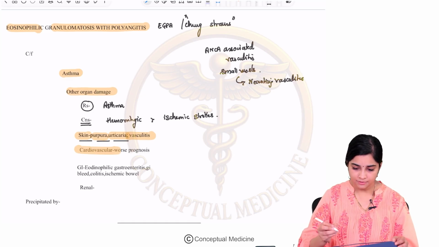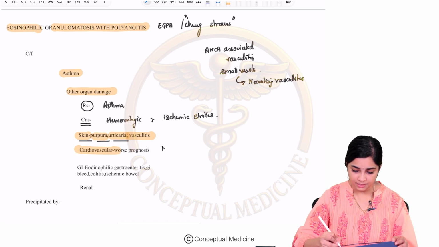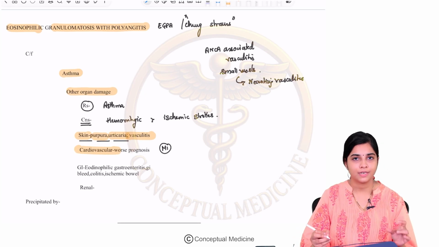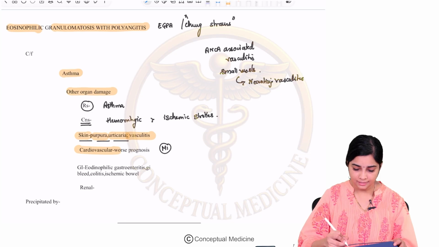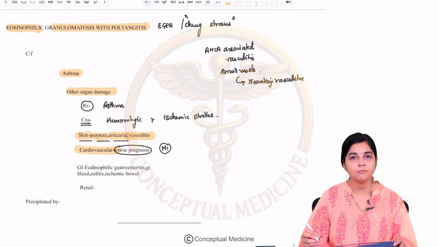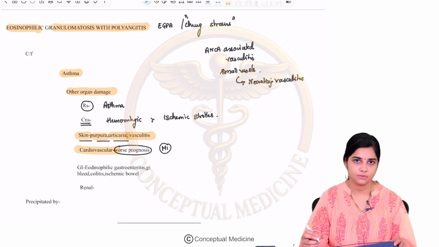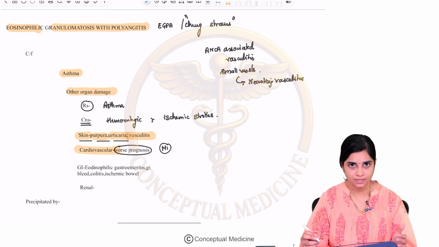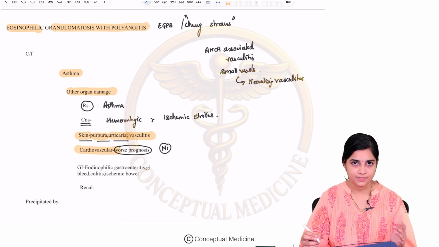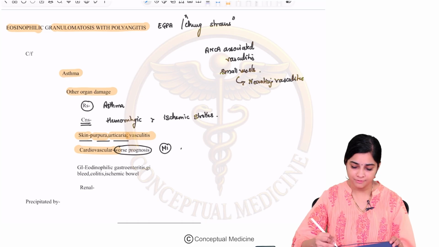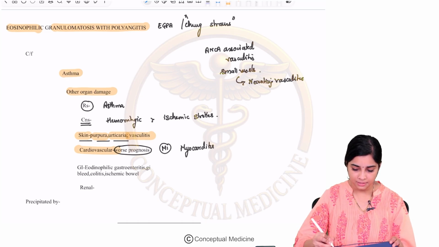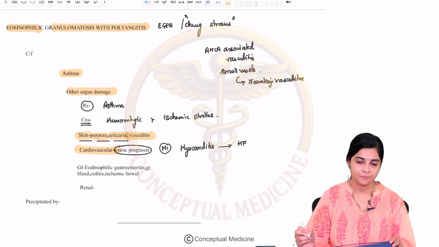Cardiovascular manifestations including MI can occur because of vasculitis of the coronary vessels, and if this is there, it indicates a worse prognosis. Apart from MI, they can also have myocarditis, and myocarditis is going to present as heart failure.